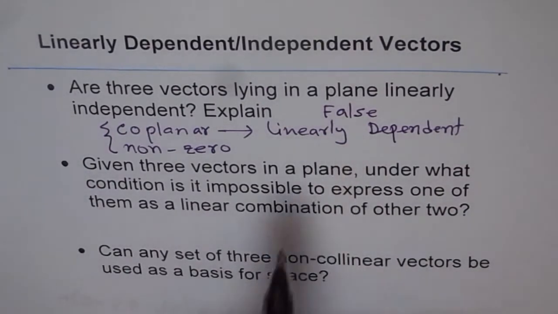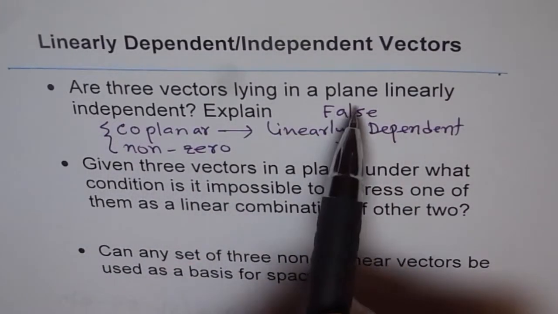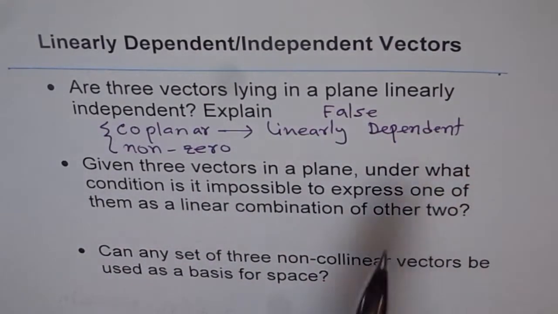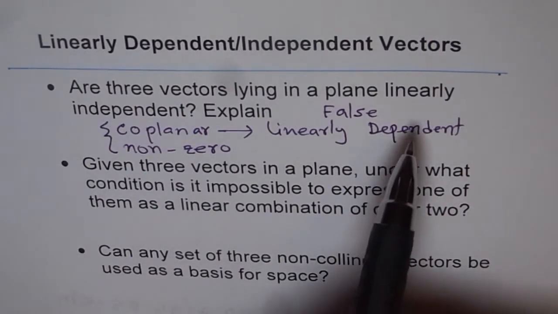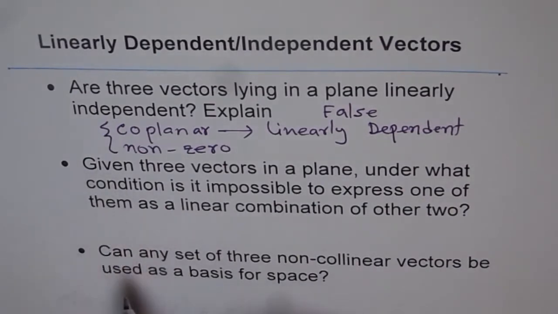So the answer is that if 3 vectors are coplanar, lying in the same plane, then they can be linearly dependent. They are of course not independent, right? They can be expressed in terms of the other vectors, right? Which is actually the next question.